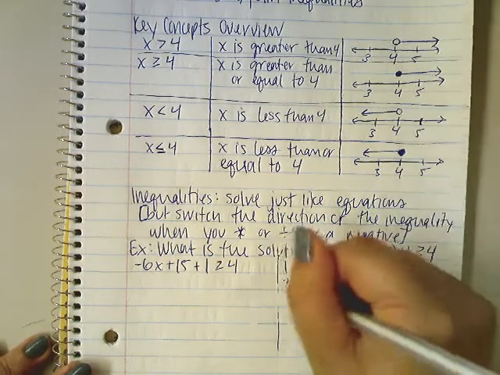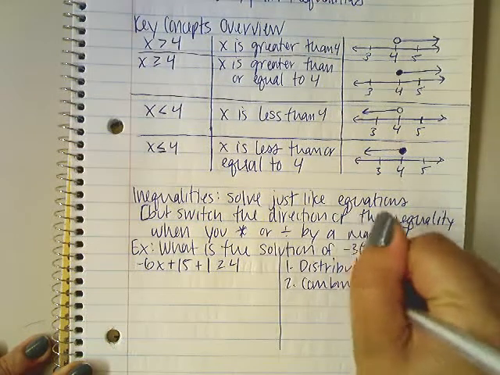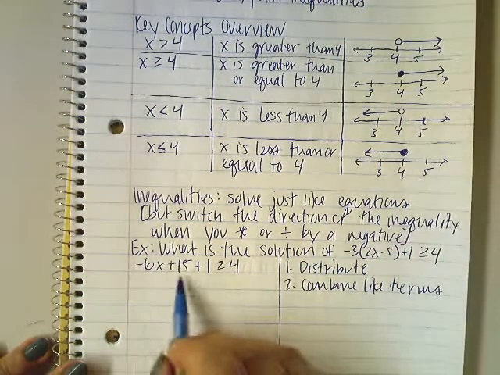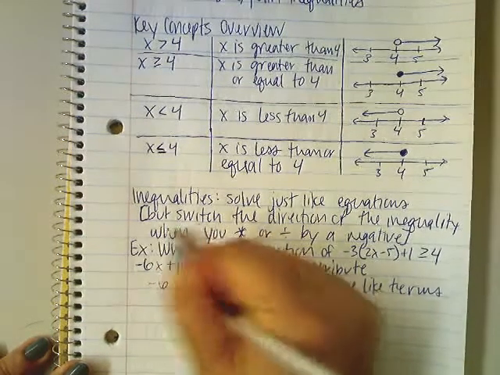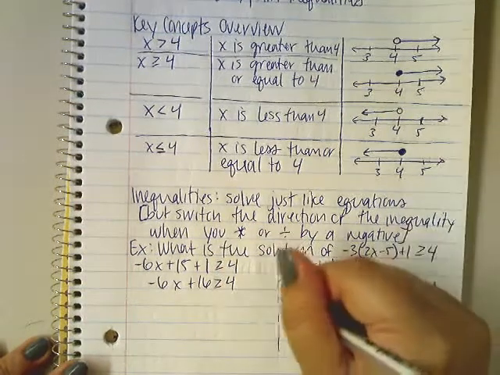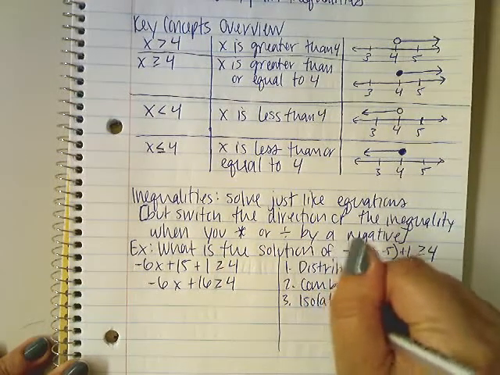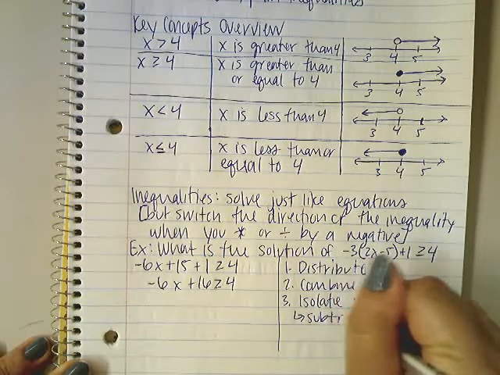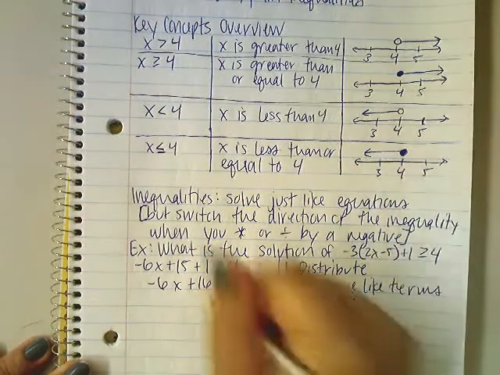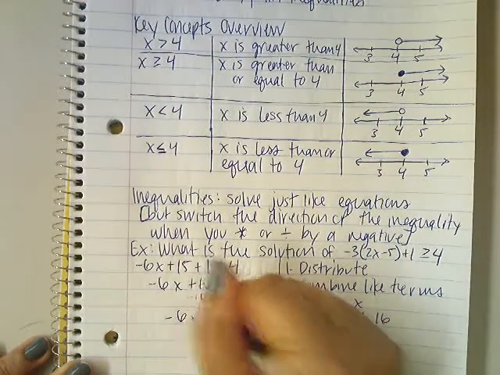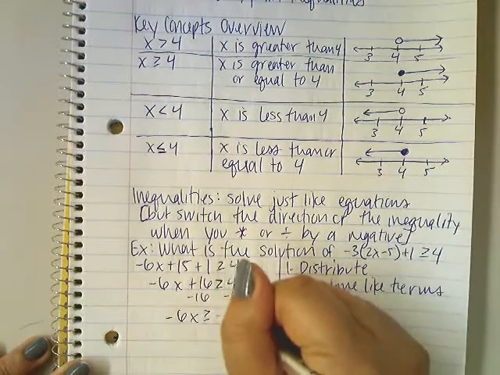Then I'm going to combine like terms. So 15 and 1 become 16. Then I'm going to isolate x, which means I subtract 16. So negative 6x is greater than or equal to negative 12.